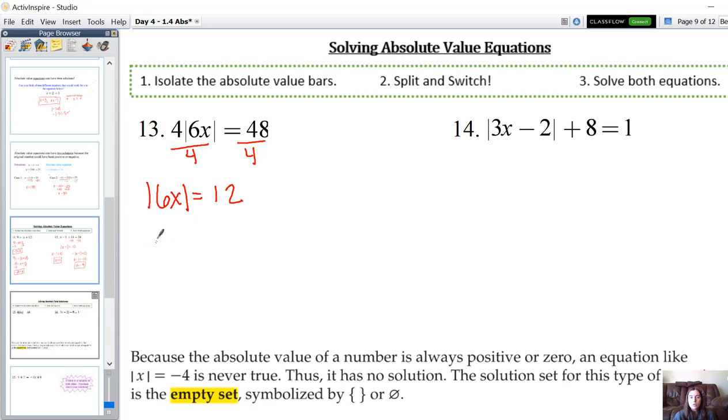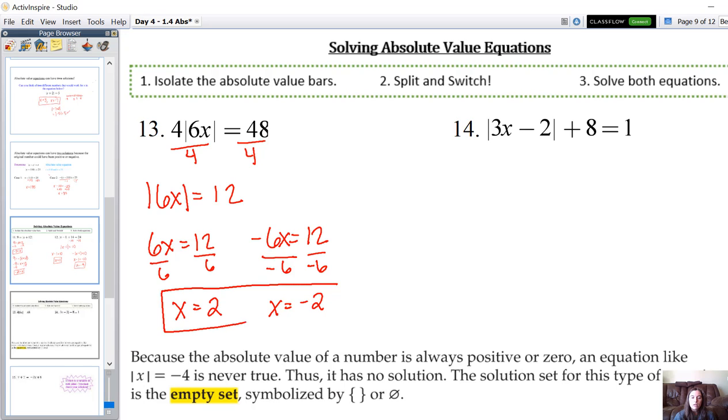And now we can split it up into our two cases. 6x equals 12, and -6x equals 12. Now on the left, we can divide by 6, so x is equal to 2. And then in case 2 on the left, we can divide by -6, so then x is equal to -2. And both of those values of x satisfy our equation.